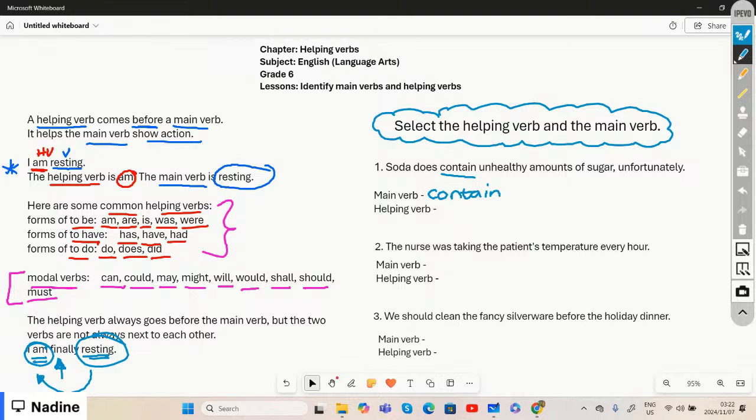Now, what is our helping verb within that sentence? Remember, we said that the helping verb comes before our main verb. So if contain is our main verb, then what is our helping verb within that sentence?